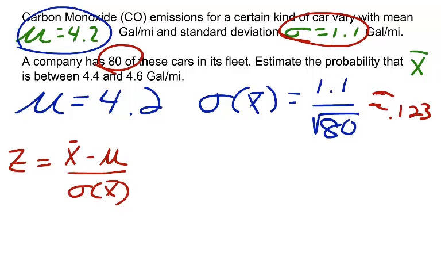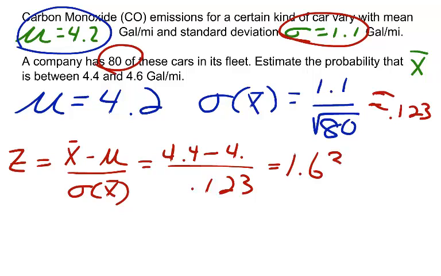Our z-score for 4.4 is as follows. You can calculate 4.4 or 4.6 first. It doesn't matter. We'll do 4.4. Okay, 4.4 minus 4.2 divided by 0.123 is approximately equal to 1.63 standard deviations above the mean.